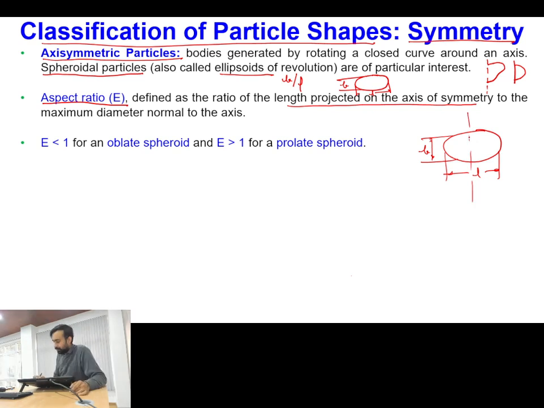The length projected on the axis is B, and the other length, normal to the axis, is L. So the ratio of B by L we call the aspect ratio.